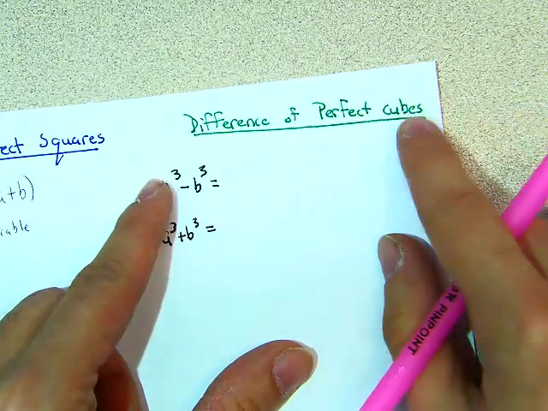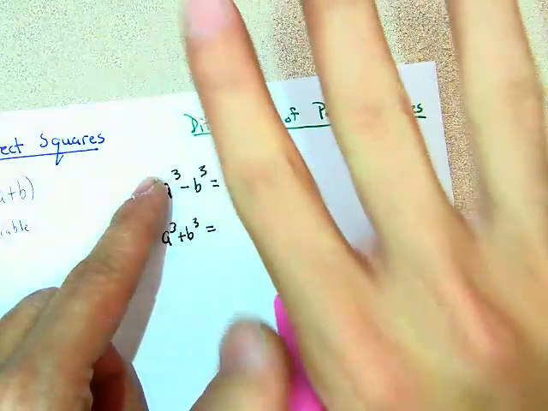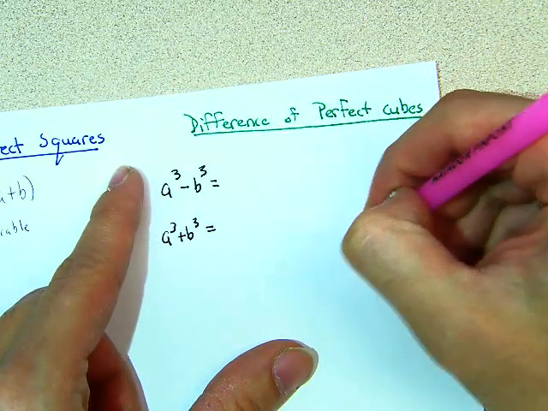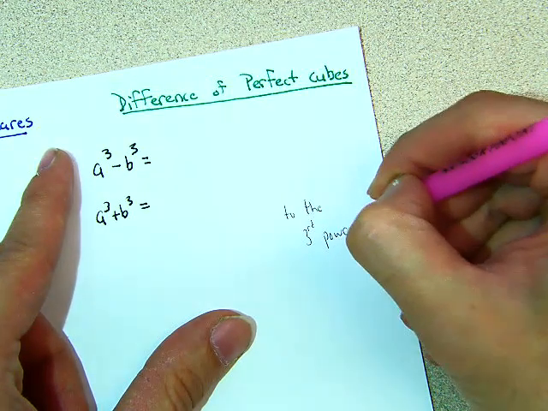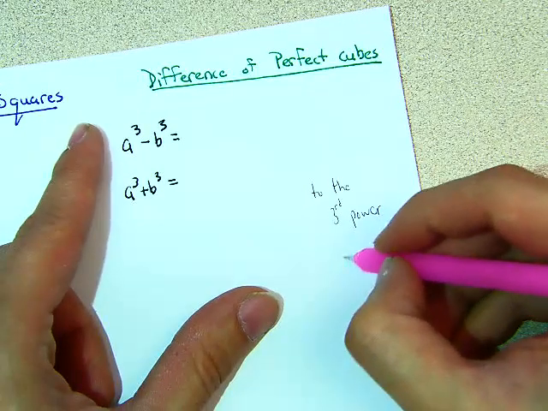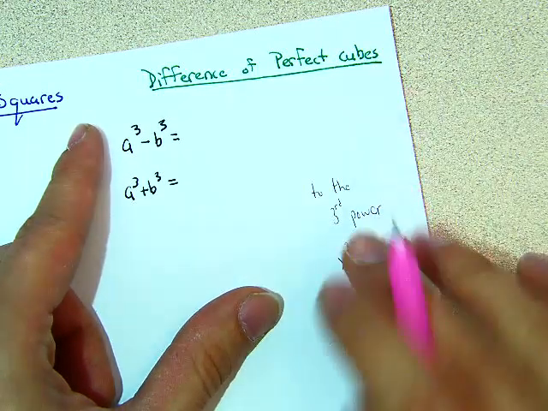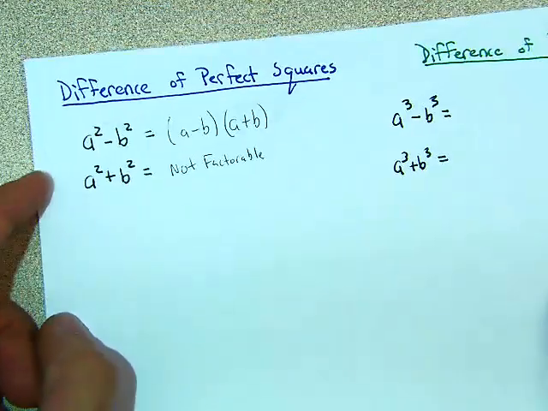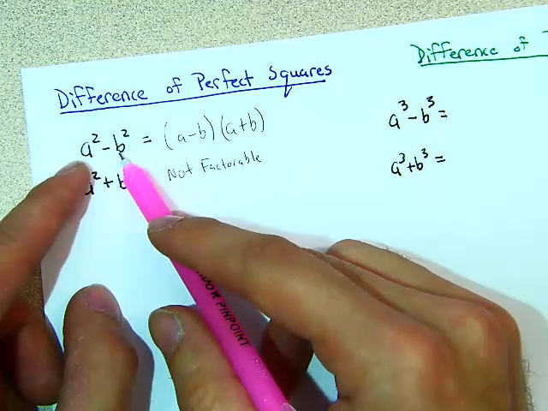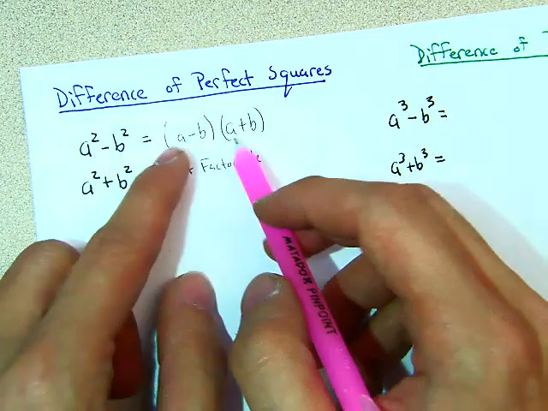And when we talk about cubes, we're talking about the third power. Remember, if you have some x, it is to the third. That's what we mean by cube. So, how did we get that a squared minus b squared is equal to this?